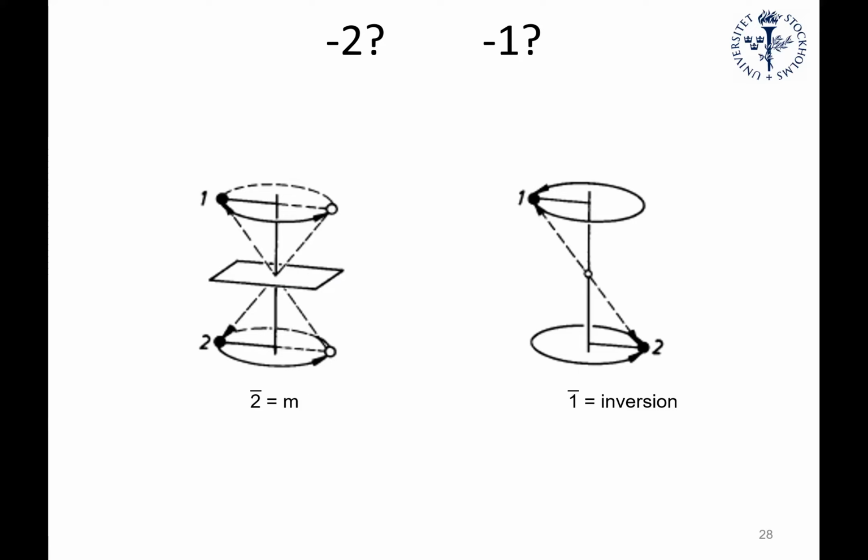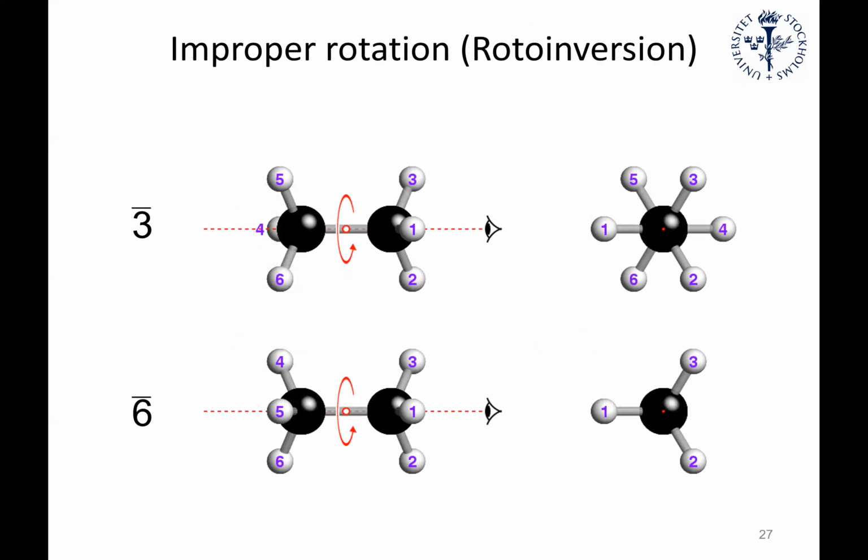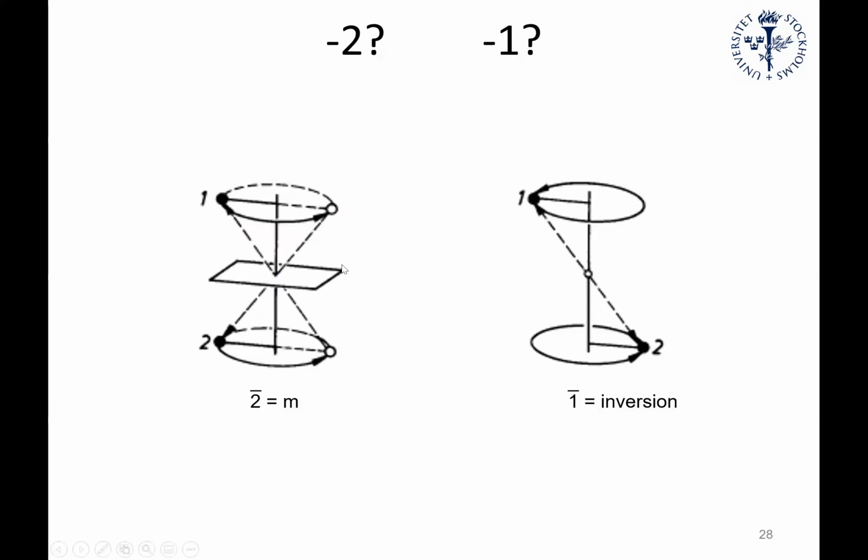And so this is what I want to check with the other roto inversions, if they are related to mirror symmetry combined with perhaps some rotation too. And also 1-bar. Say you rotate it 360 degrees and you invert it. It's the same as just inverting it. So the roto inversion 1-bar is the same as an inversion. But this form, 1-bar, is something that we do use to represent inversion.